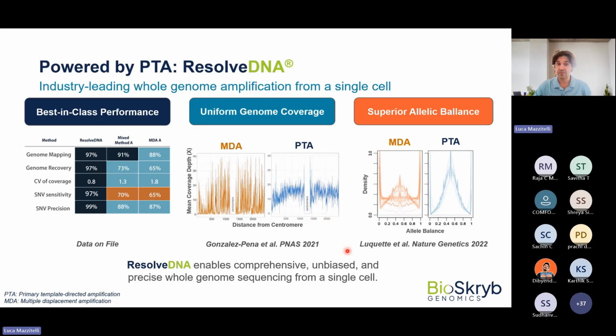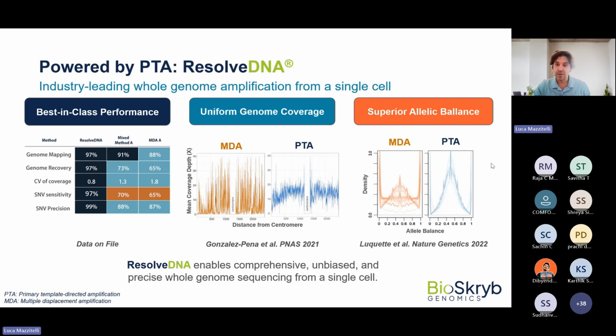Another important aspect of PTA versus MDA is that we are able to obtain a superior allelic balance.